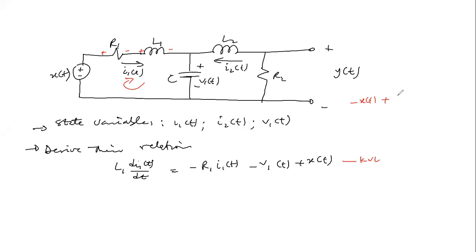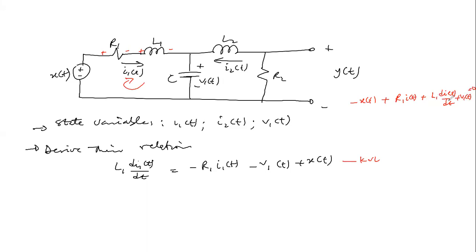Plus minus. That will be plus R1 I1 of t, then plus L1 dI1 of t over dt, then plus V1 of t equals 0, right?